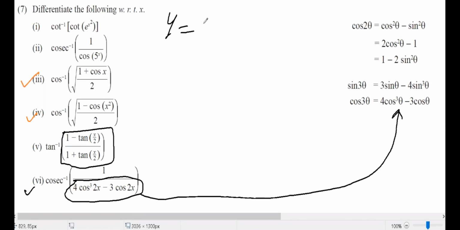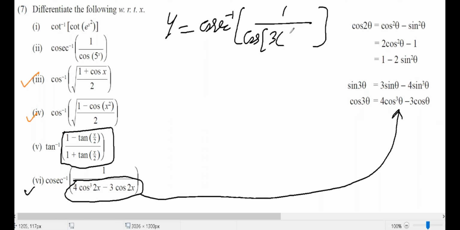So what can I do? I can write cosec inverse of 1 upon, this is your cos of 3 theta. So I can write cos of 3 times theta. What is my theta? My theta is 2x, correct?